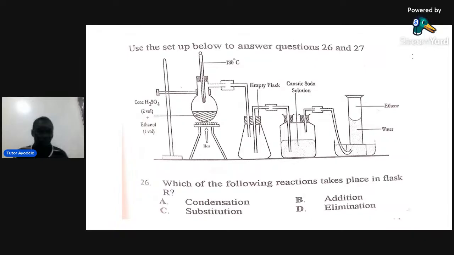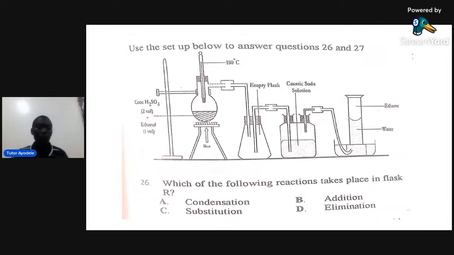But when I remove that H2O, what did I do there? Is it addition? Did I add anything? No. Option B is wrong. Substitution, option C. Did I remove something and replace it with another thing? No. I only removed H2O without replacing it with anything. I'm left with C2H4.